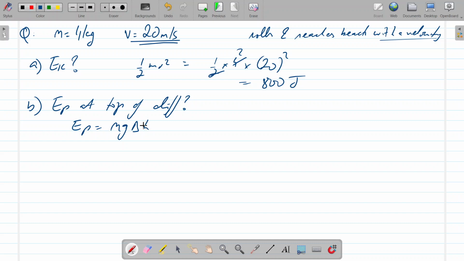Now we don't have delta h, do we? No. Then how are we going to find this out? You're going to make that the subject? But then we would need the value of potential energy. Do you know what the gravitational potential energy was? No. This is where the conservation comes in.